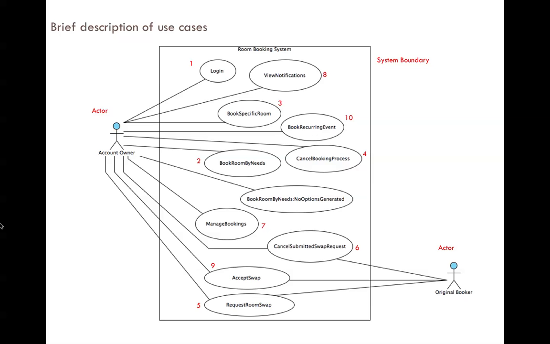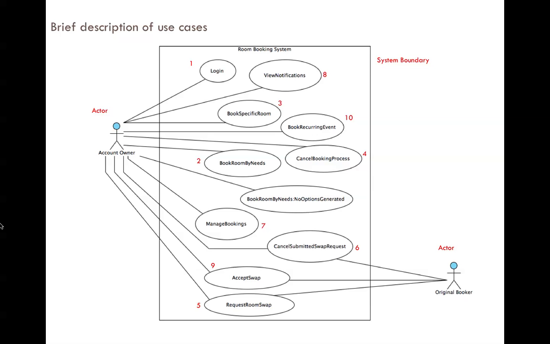Use case 6, submitted swap request, is when the account owner wishes to cancel a swap request. Use case 7, manage bookings, is when an account owner logs into his or her account and looks up the bookings they have already made. Use case 8, view notification, is when the account owner gets informed about any changes in their bookings.